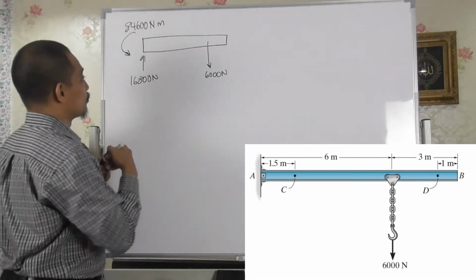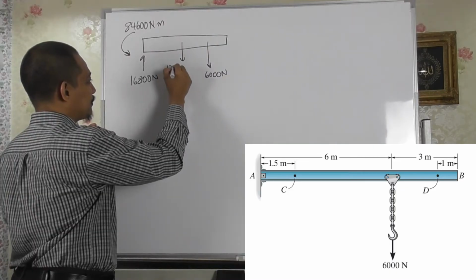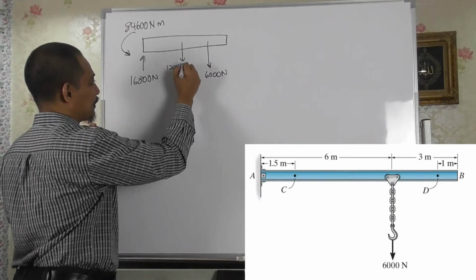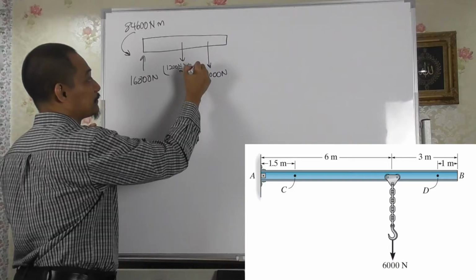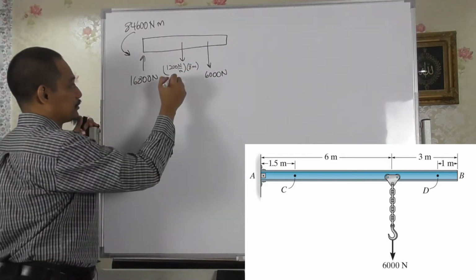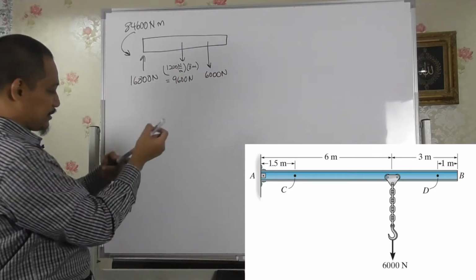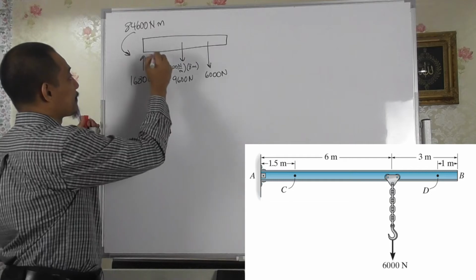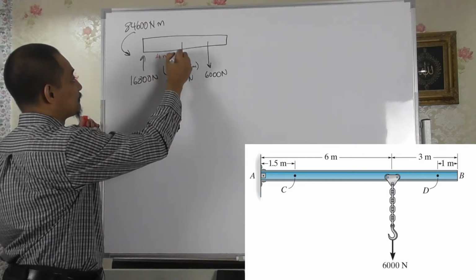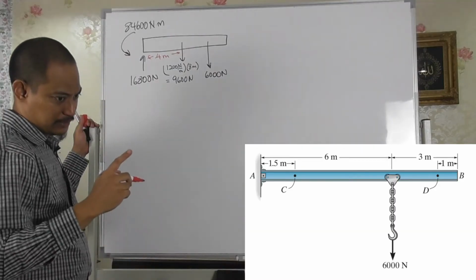So at the middle we have 1,200 Newton per meter times 8 meter, so you'll get 9600 Newton. In terms of the distance, this is 4 meter, and this one is 6 plus 2, right?